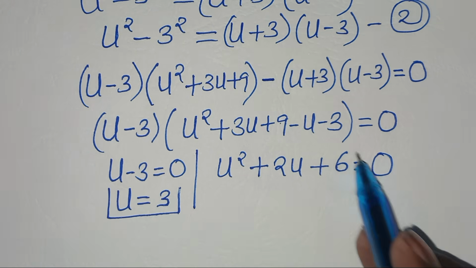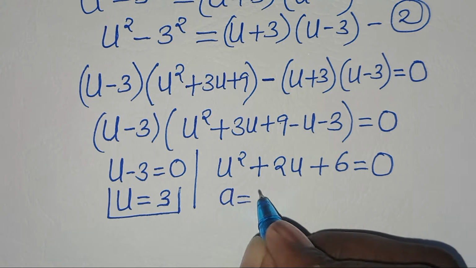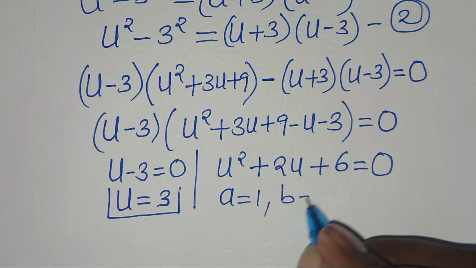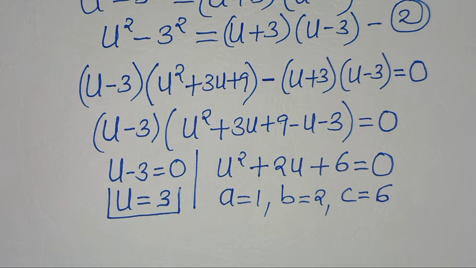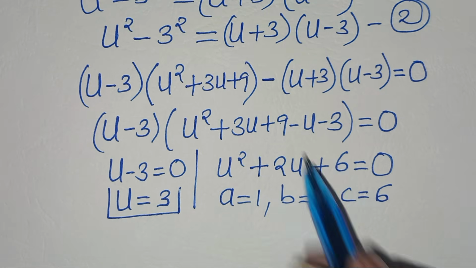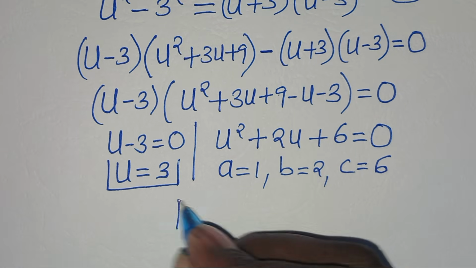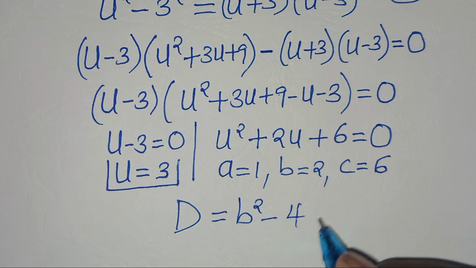The second part here is a quadratic equation where a is equal to 1, b is equal to 2, and c is equal to 6. So let us assess the nature of the roots of this quadratic equation by determining the discriminant value, which is b squared minus 4ac.